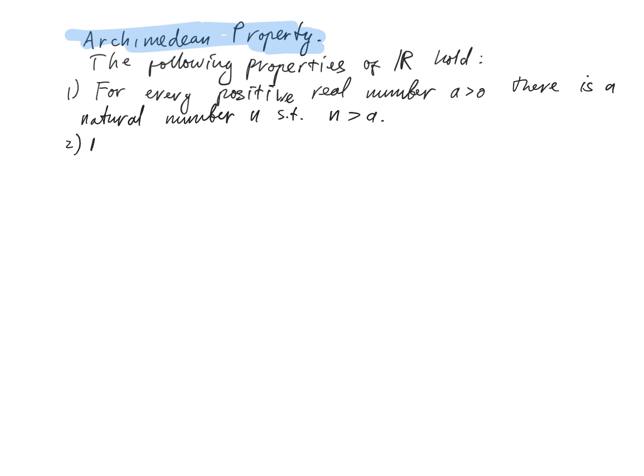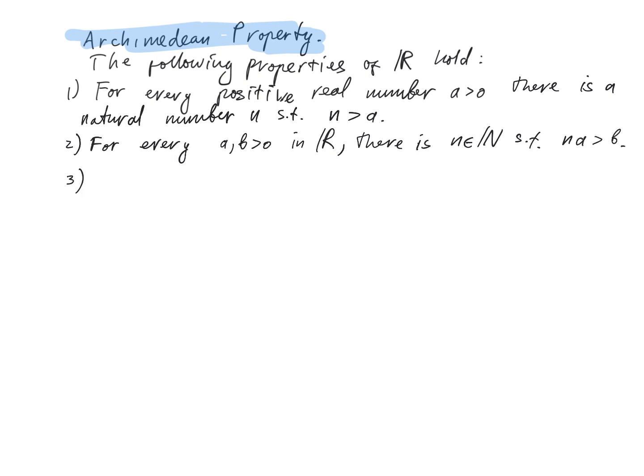The second condition: for every pair of positive real numbers A, B, there is a natural number n such that n times A is greater than B. And the third condition: for every positive real number epsilon, there is a natural number n such that 1 over n is less than epsilon.